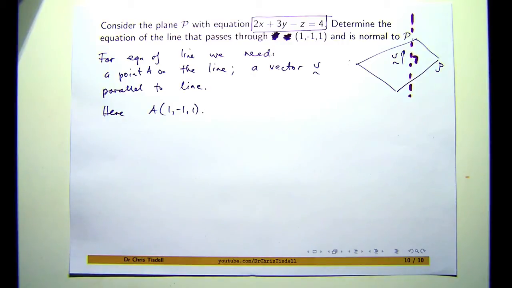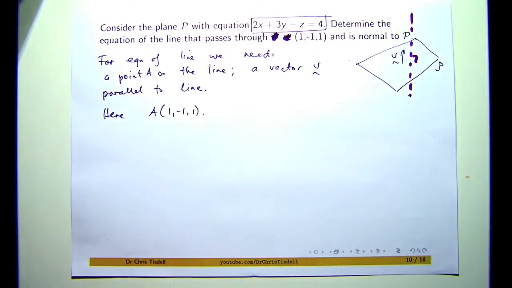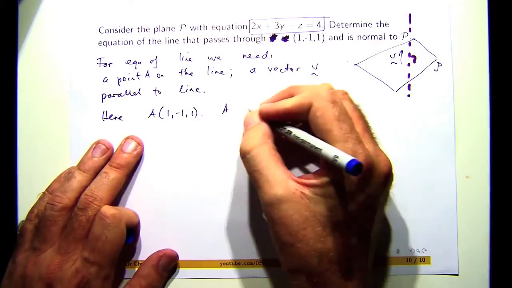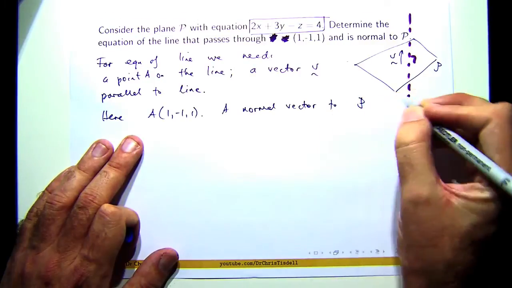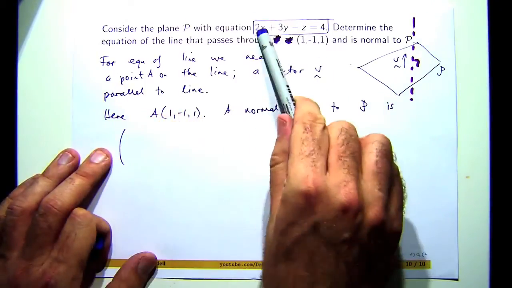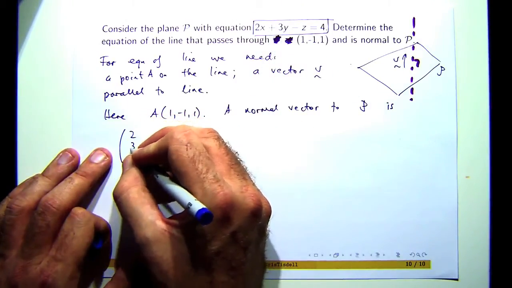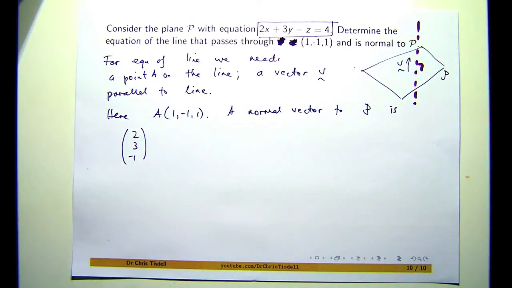Well, it comes down to the equation of the plane. I can look at the equation of the plane and always compute a normal vector, just by looking at these coefficients. Remember, a vector that's normal to the plane is perpendicular to all the vectors already in that plane. So a normal vector to the plane P is, all you do is look at the coefficients of x, y and z, take them out and write them as a vector.